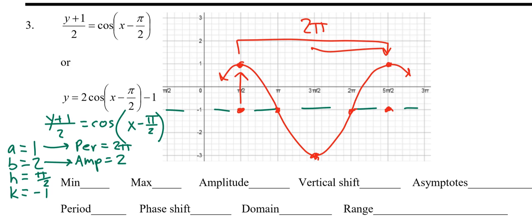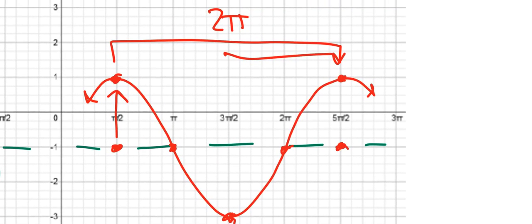Quick question, if I asked you to give me the equation of that particular wave. Let's say we just had the wave, that's all we had. And I asked you to write that equation, and I said let's write it as a cosine function.